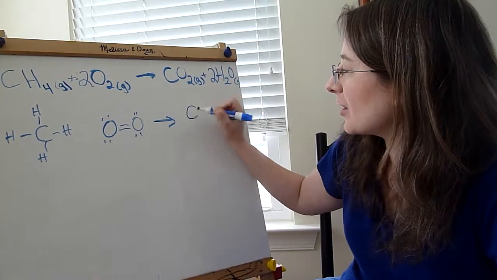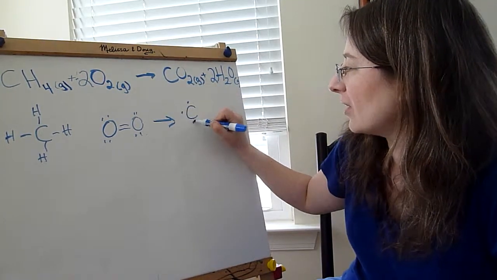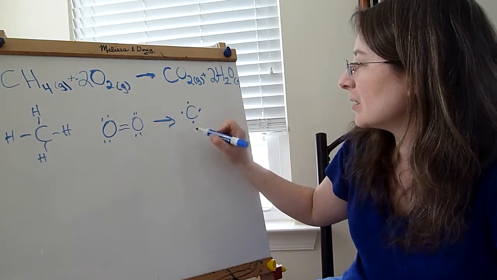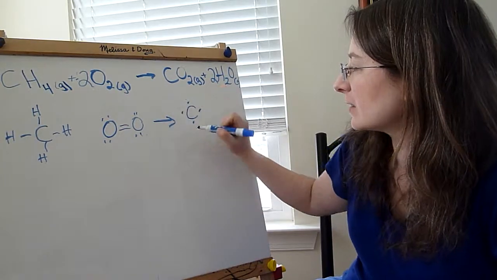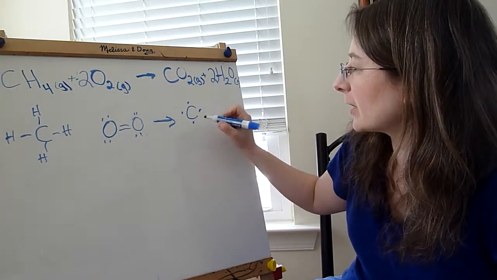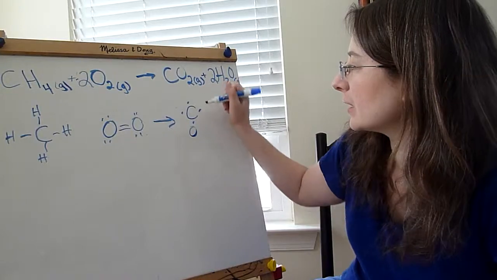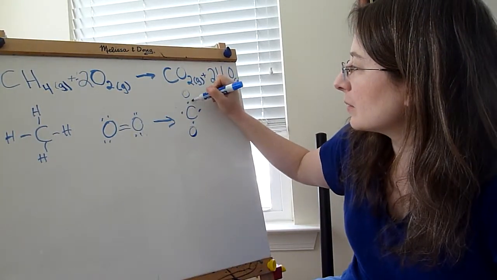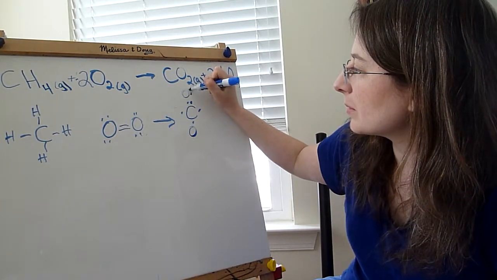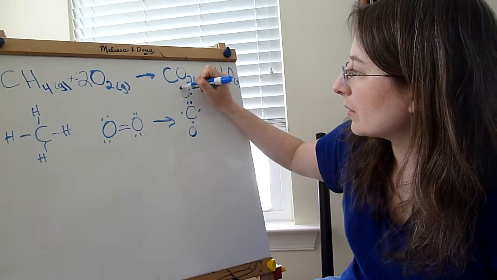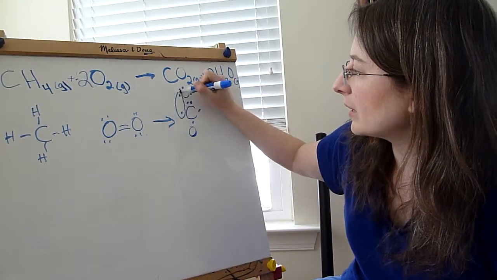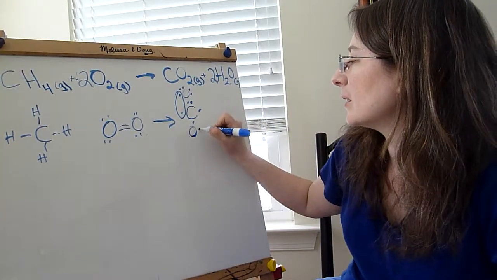So then carbon dioxide. We've got a carbon with 4 electrons. Oxygen will have 6. Oh, where can I put them? I'll put one here and one here, I guess. 1, 2, 3, 4, 5, 6. So this bond here will become a double bond.